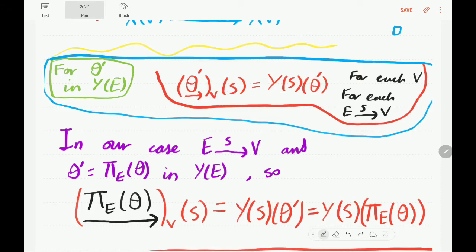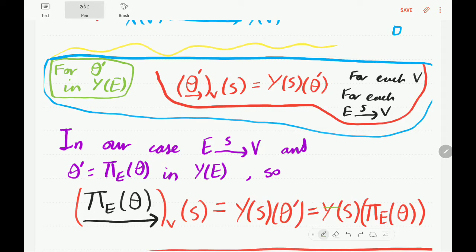Okay, so we can just apply this result directly, because in our case we've got this s from Hom(E, V), and if we just set theta dash to equal pi subscript e of theta, then we can substitute into this formula, and we find that doing the V component of pi subscript e of theta under arrow on s is just going to give us Y of s of theta dash, where theta dash is pi subscript e of theta.